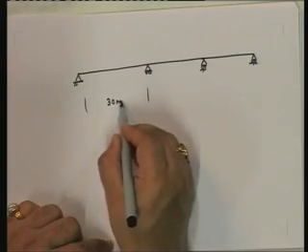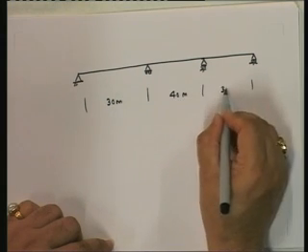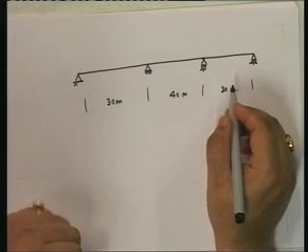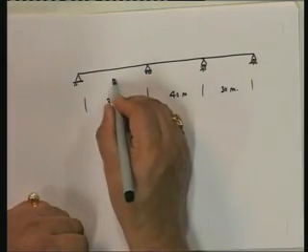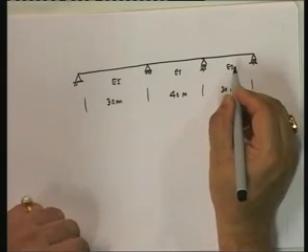Not very well done. Don't go by what I have drawn. Take down the numbers that I have: 30 meter, 40 meter. EI is a constant, so this is EI, EI, EI.